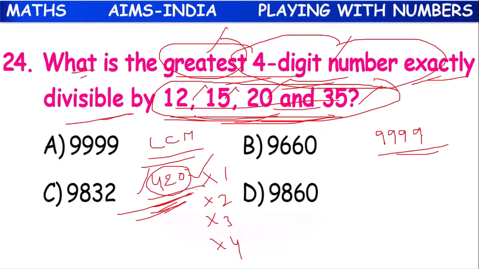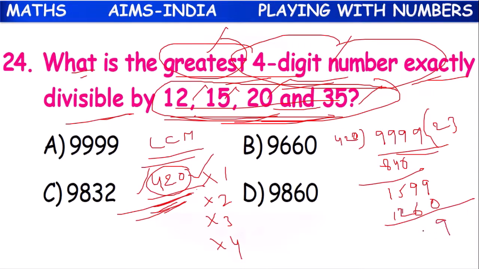So let's divide the largest 4-digit number with 420. 420 2 times 840. So 9, 5, 1, 9. 420 3 times, 0, 3 to 3, 4, then 12, 12.